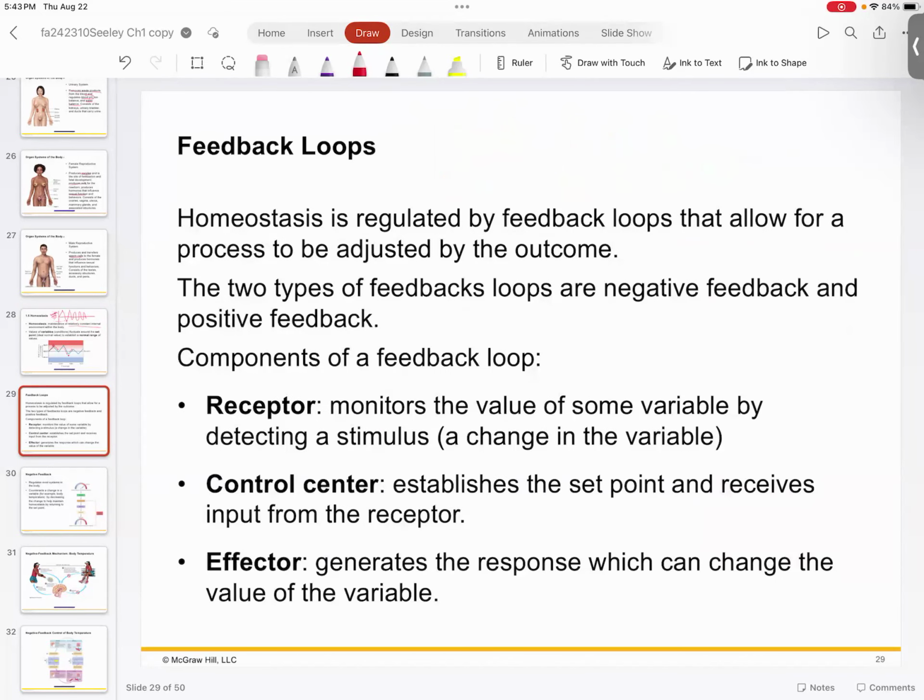Okay. Any questions on homeostasis before we dig into feedback loops?